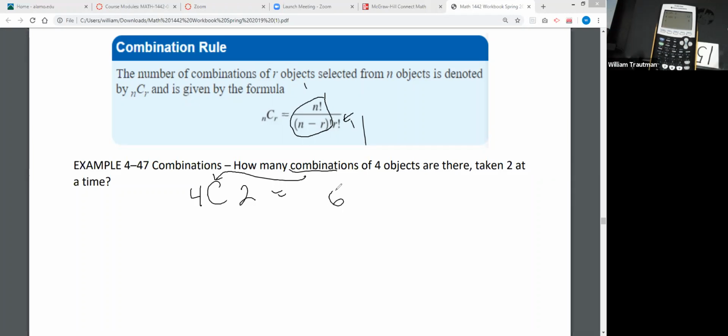With a combination, you always have fewer possibilities. 4P2 is 12. When you use P, you get a higher number because order matters, so you can do AB or BA. For combination, you get a smaller number than you would for permutation.